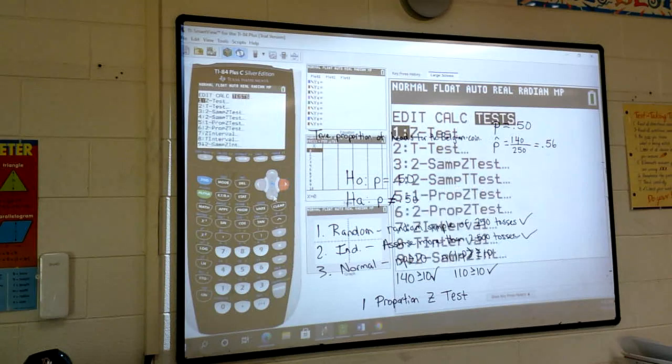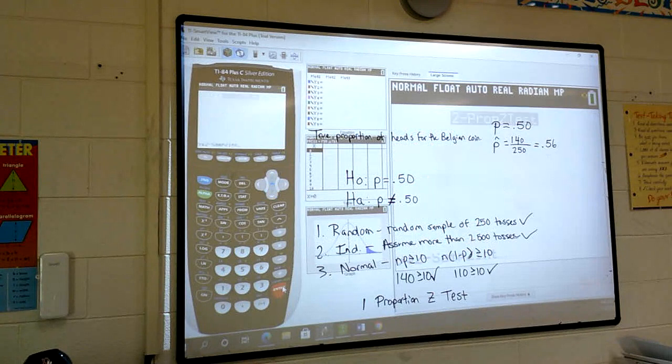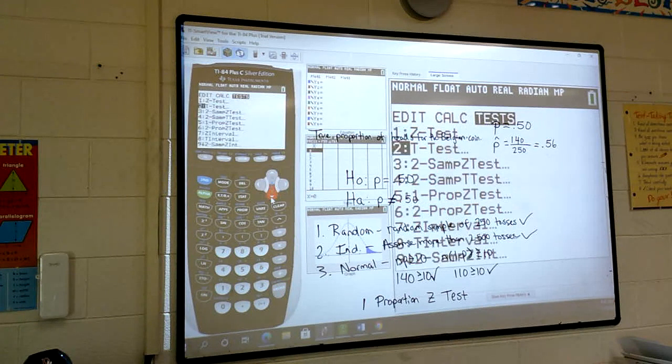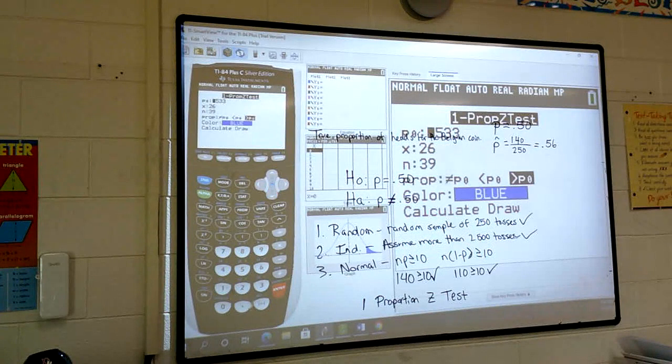You're going to go to one proportion z-test. 0.5 is our null hypothesis. We got 140 out of 250, and we want to see if it's not equal to. Okay, and I can go ahead and hit draw.